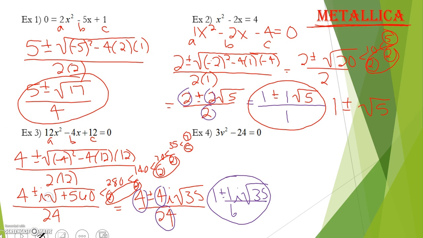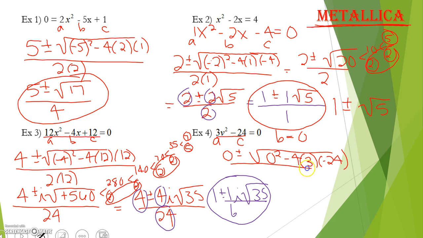This last one, it only has 2 terms, so you need to compare it to another one. So I'm comparing that to like this one, and I ask myself, what am I missing? Am I missing A, B, or C? So what I'm missing is the B. So that's A, and that's C. So we assume that B equals 0 in this case. So I would have to do negative B, so just 0, plus or minus the square root of B squared, 0 squared, minus 4AC, all over 2A.